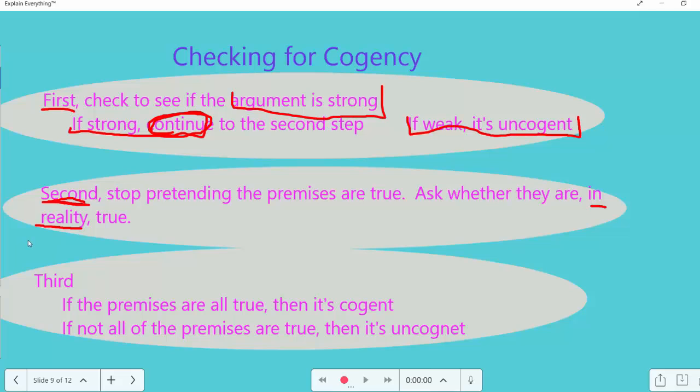Are they actually true? And if they are, by our definition, then it's cogent. But if you find one premise that's false, then even though it's a strong argument, it's an uncogent argument. You still wouldn't accept the conclusion then.